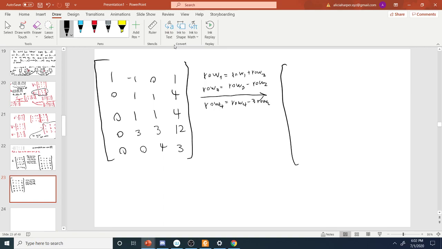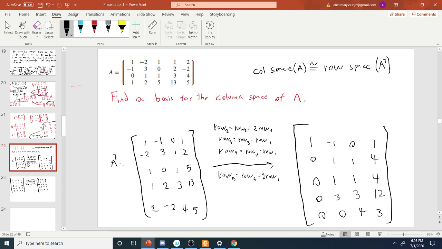If I do that, I'm going to get 1, 0, 1, 5, 0, 1, 1, 4, 0, 0, 0, 0, 0, 0, 0, 0, 0, 0, 0, 0. Oh, wait, no. 0, 4, 3. So let me just check one thing back here, make sure I did everything right.